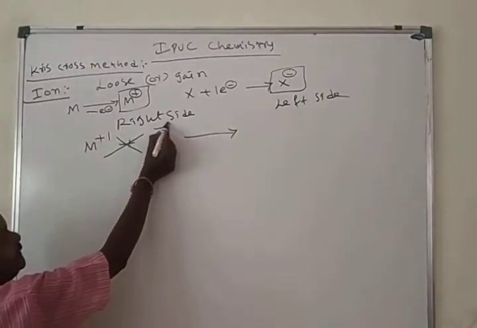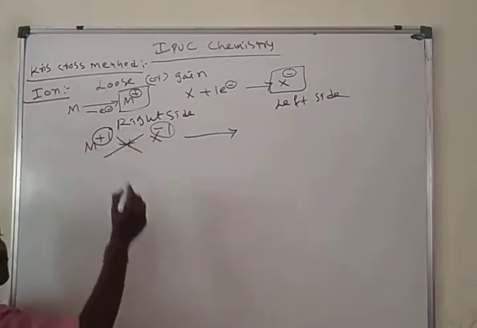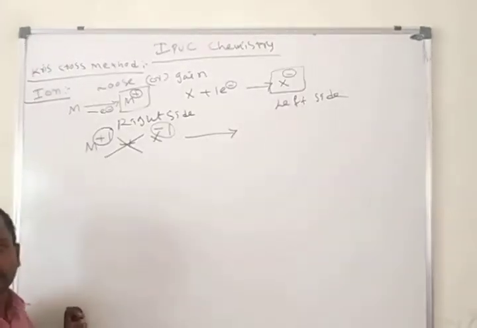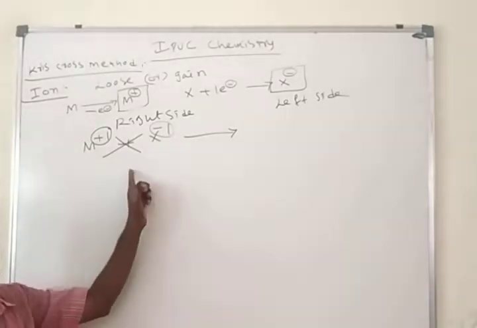Here, this is the charge. Don't write the positive and negative; you write only the charge. It may be positive or negative, but when you are writing the formula, don't mention the sign. You write the number as a subscript of an atom.